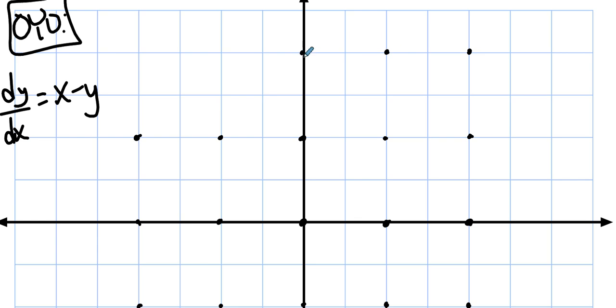You've got to look at each point individually. This is the point 0, 0, so the slope is 0 minus 0. This is the point -1, 2, and so the slope here is -3. And this is the point 2, 1, and so the slope here is 1. You go to every point individually and ask yourself, what's the slope of the tangent line at that point? That'll be a nice practice problem for you to do.